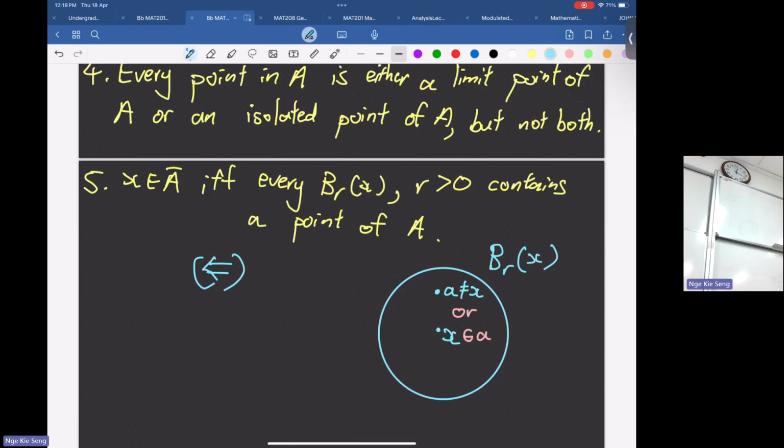If for all balls there is a point not equal to x, what does it mean? x is a limit point. This is exactly the definition. But say there exists one ball such that you cannot find any point in A other than x. Then x is an isolated point. So either one of these two things must happen.